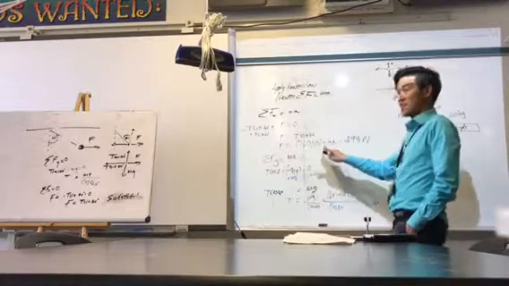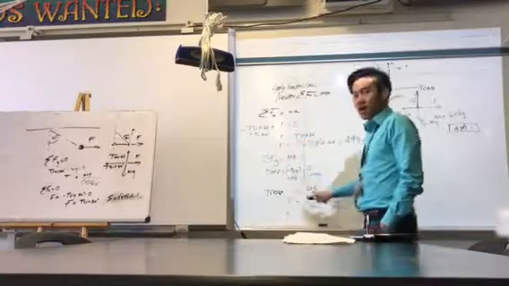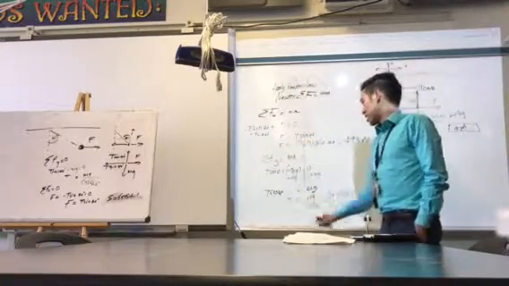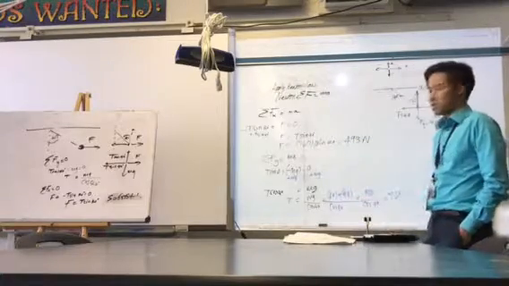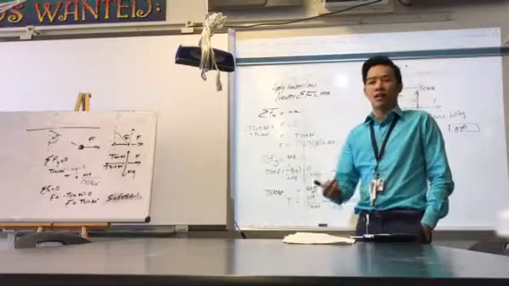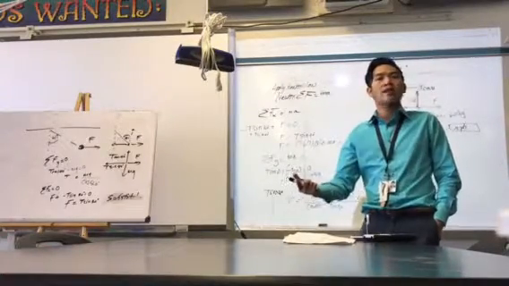Because I can't just solve for this one since I don't know what T is until I use the y direction to solve for T from the given information. So you always think about what's given and what you can do with the given information in order to solve for the required information.